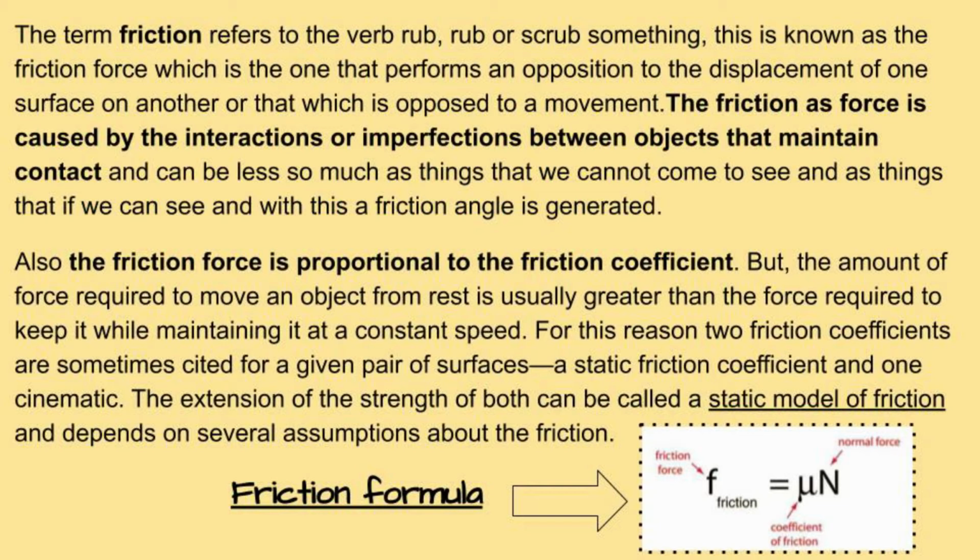We have the friction formula, which is F equals mu times N, where F is the friction force, mu is the coefficient of friction, and N is the normal force.